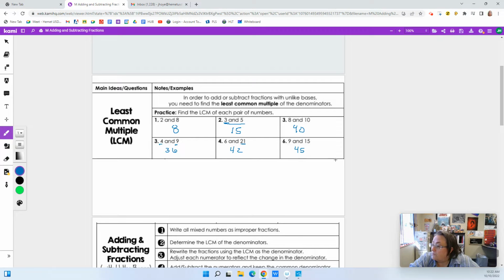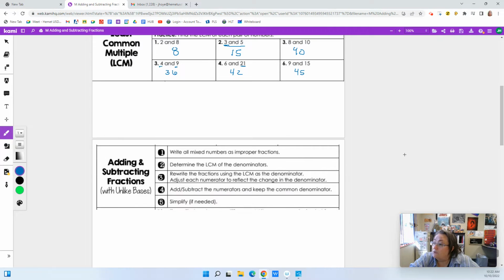So we're going to talk now about the rules. Notice I just gave you a page with just nothing but the rules. Why? Because the rules are important when we're talking about adding and subtracting fractions with unlike bases, different denominators. First, if you have mixed numbers, write them as improper fractions.